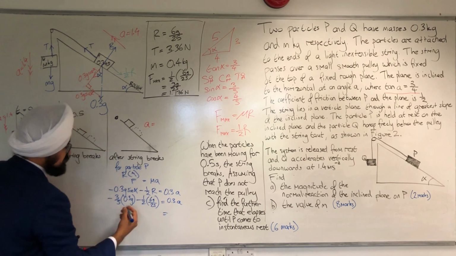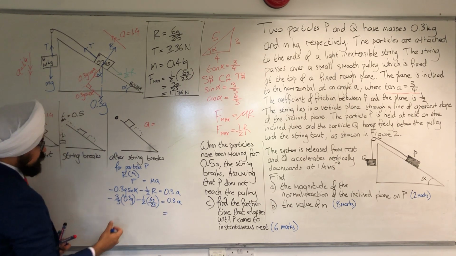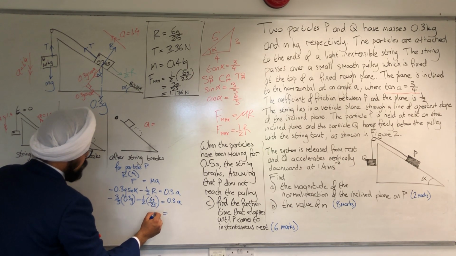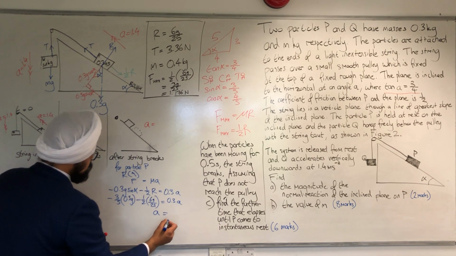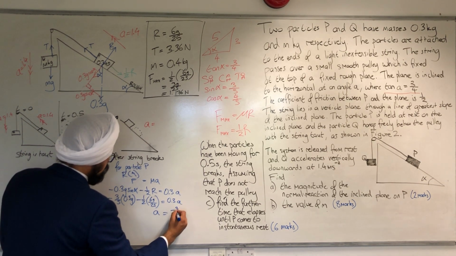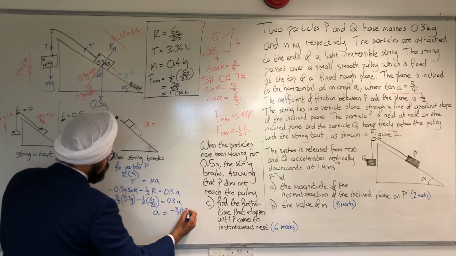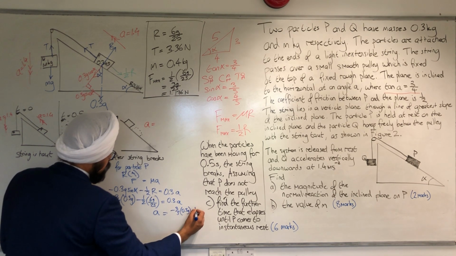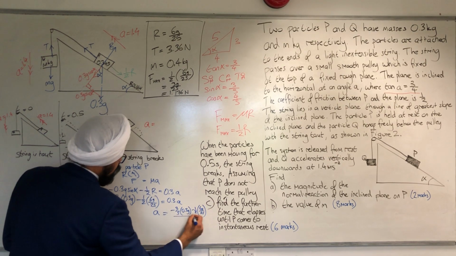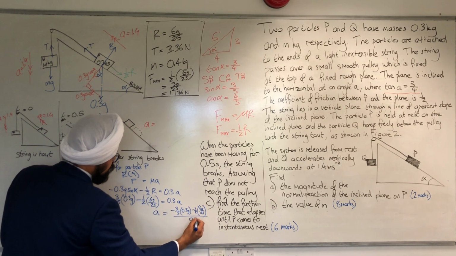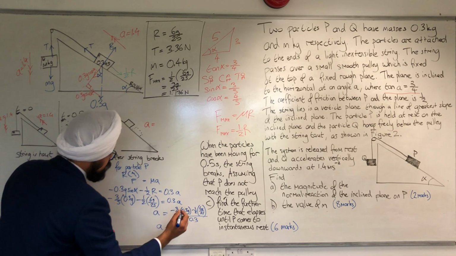If I now just divide by 0.3 all the way through, you end up with a equals minus 3 over 5 times 0.3g minus a half 6g all over 25, all divided by 0.3, and this will give you your new a.